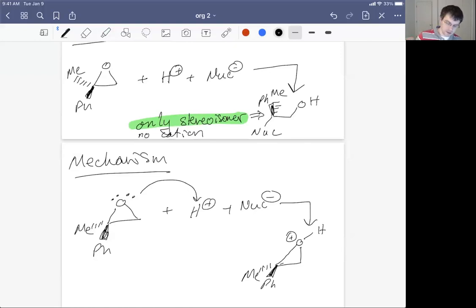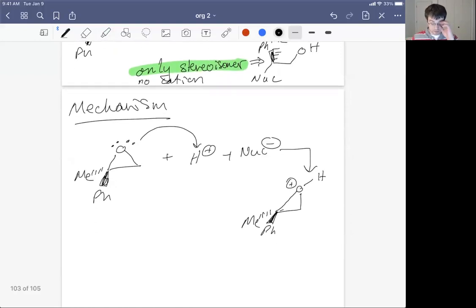Okay. And even with the phenyl group, we still don't fully see this epoxide do a ring opening process to form a cationic intermediate. Instead, what happens is it locks in at this distorted structure and the nucleophile engages. Now, here's how the nucleophile engages. It comes underneath and attacks along a trajectory that's opposite that of the carbon-oxygen bond that it's attacking.